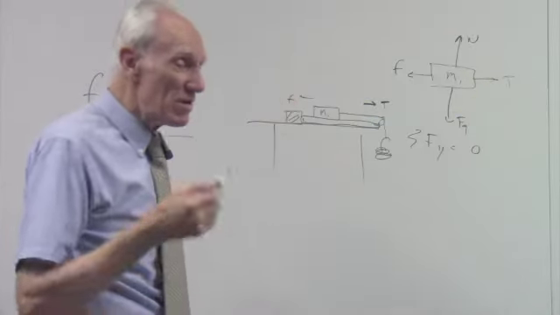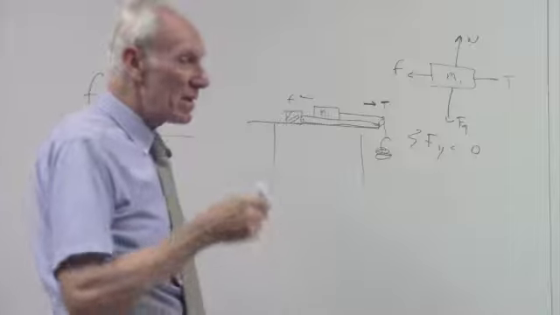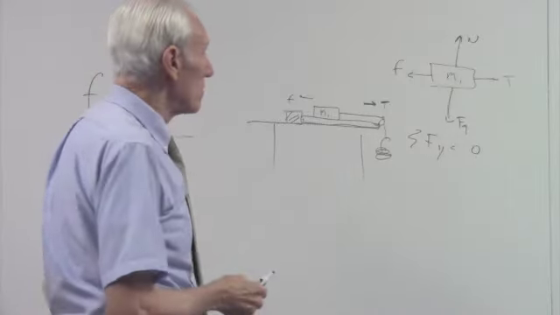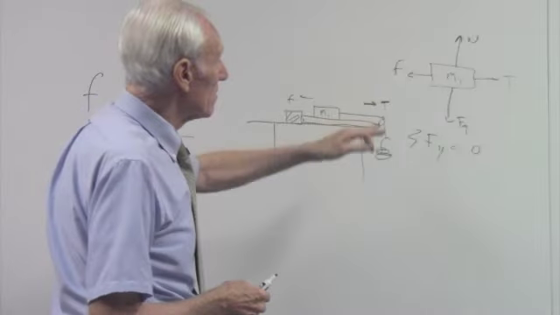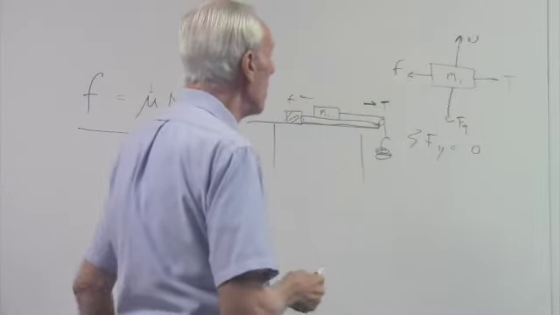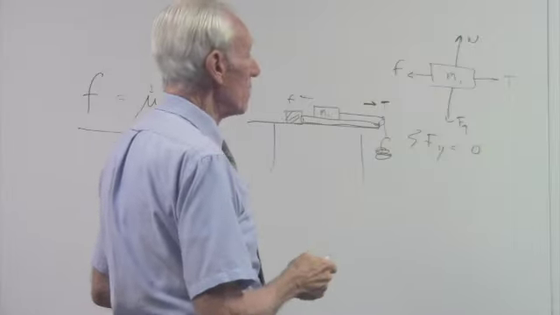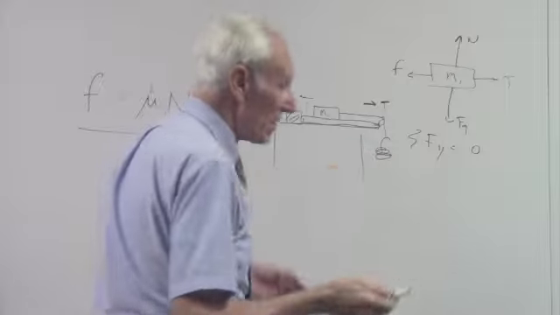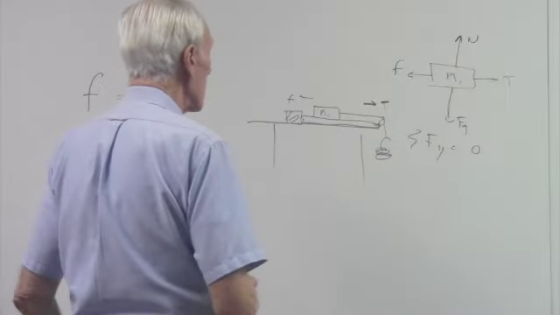You should always try to draw a force diagram on each body in every situation where you're using Newton's laws to analyze, because that is the key to figuring things out, and a key for you to see what the forces are and what directions they act in, and resolving them into components, which we'll deal with in a minute.